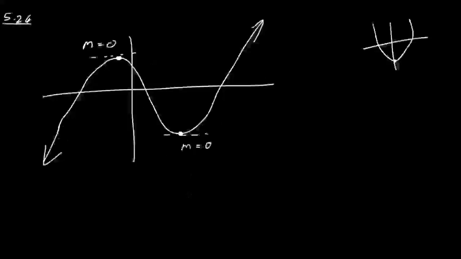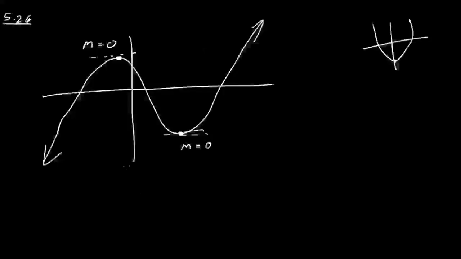Because you can see it's sloping upwards, upwards, upwards, so it's got a positive gradient. Now, it's completely horizontal at that point. So gradient is 0, and then the gradient goes negative, and then gradient is 0, and then the gradient is positive. So we can find the turning points, and then we can find the roots.